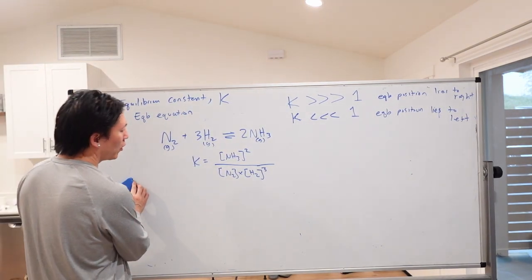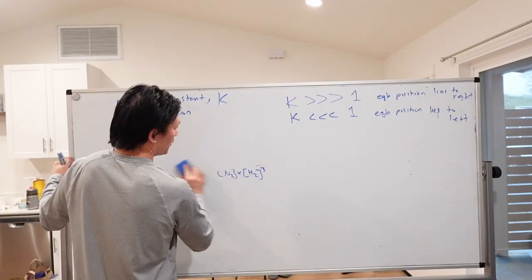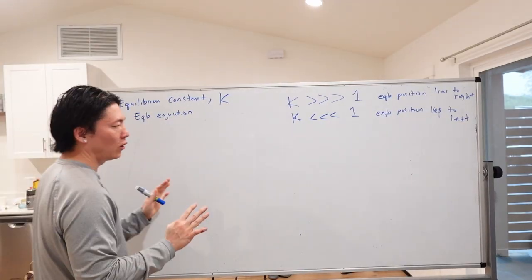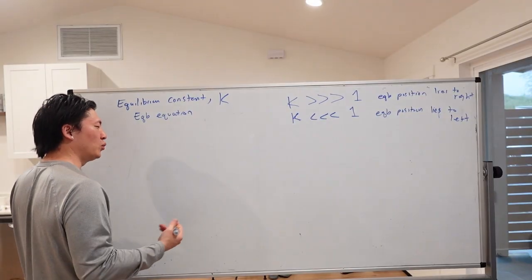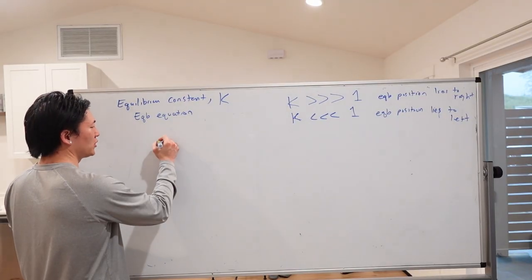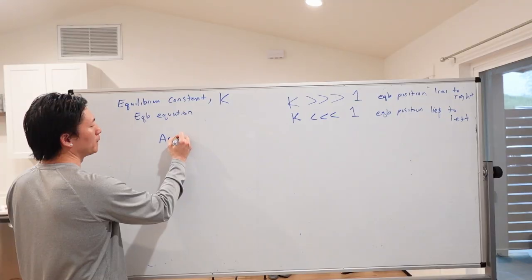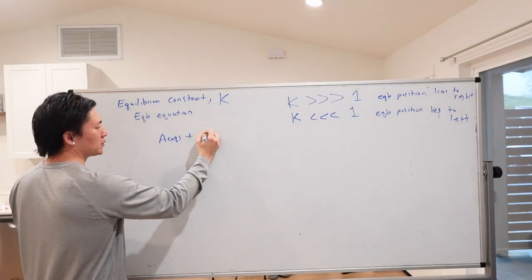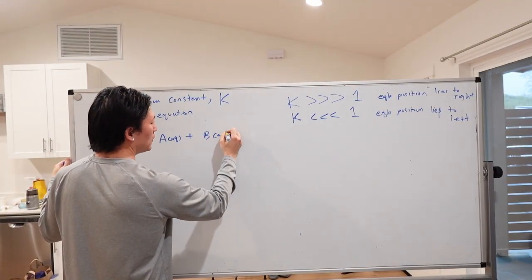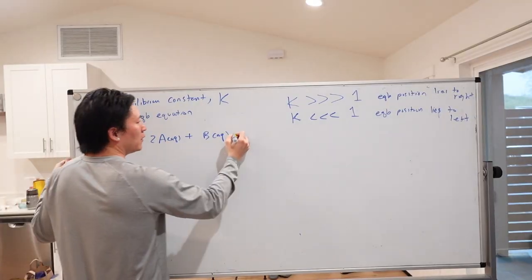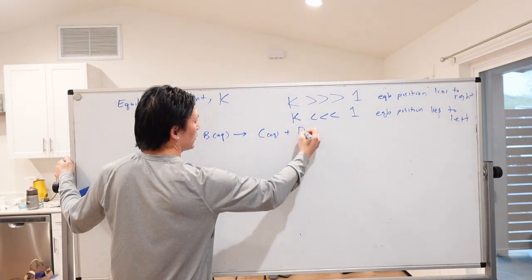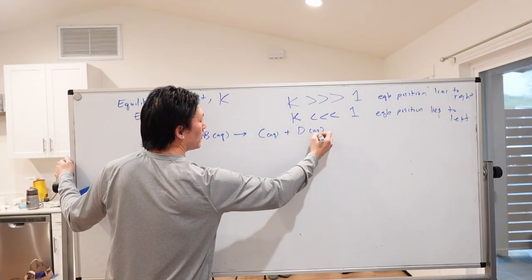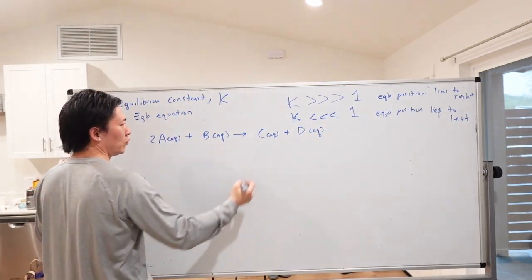The hard part is that it also works for aqueous things that are in equilibrium in aqueous solution. So let's say we have this situation: A aqueous plus B aqueous, and let's put a coefficient here, goes to C aqueous plus D aqueous, and let's put a coefficient here.